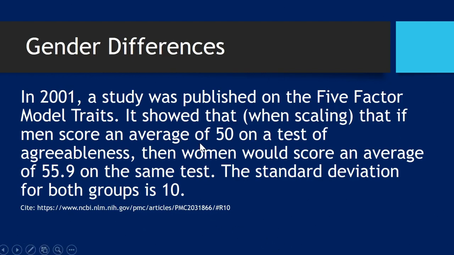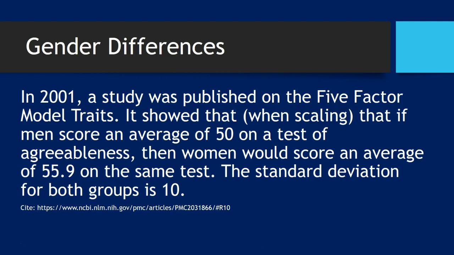But basically, this 5-factor model trait showed that if men average a 50 on a test of agreeableness, then women would score an average of 55.9 on the same test. The standard deviation for both groups would be 10.